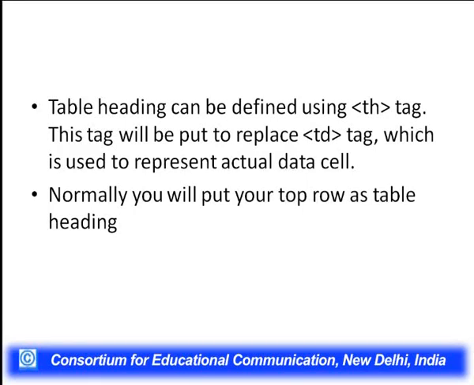This tag will replace the td tag, which is used to represent the actual data cell. Normally we do it for the top row of the table, but you can use it anywhere else also. There is no hard and fast rule in HTML that th cannot be used at any other place. You can use it in any other row also.